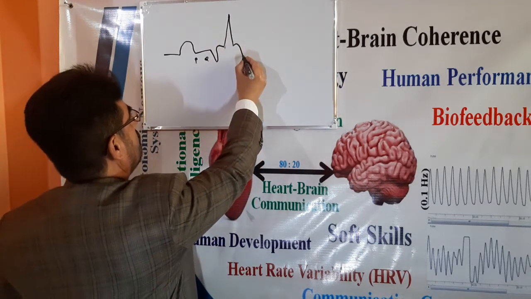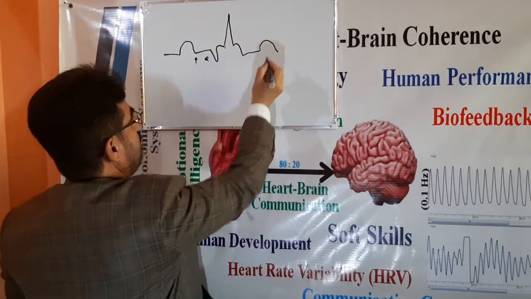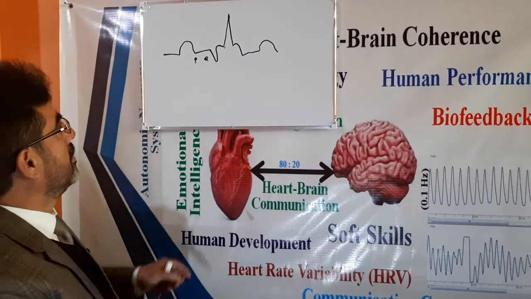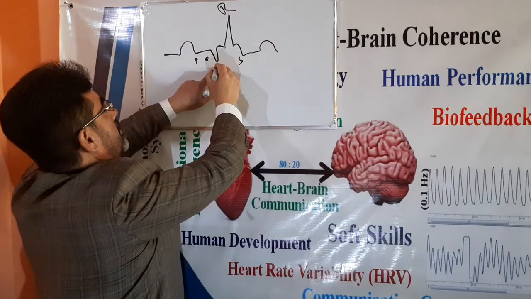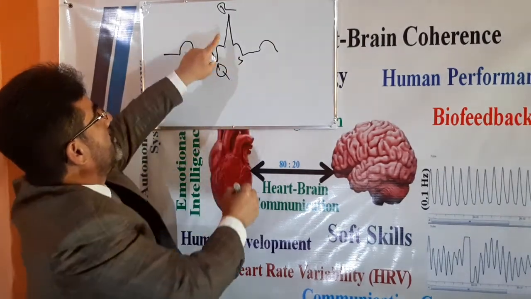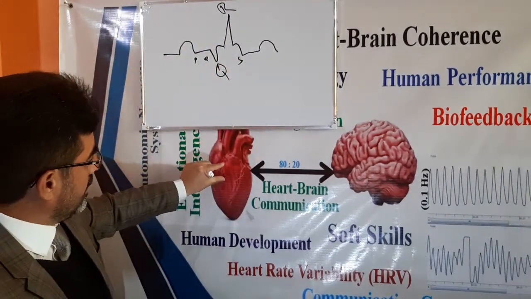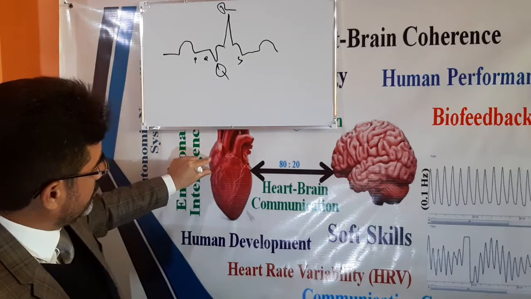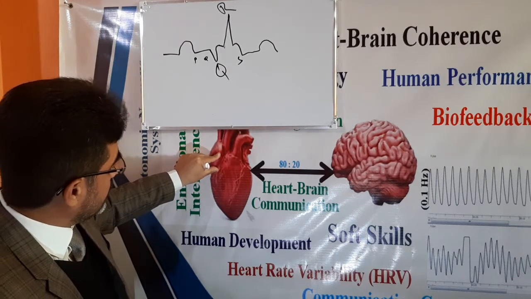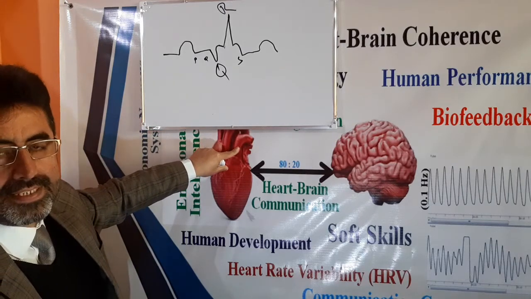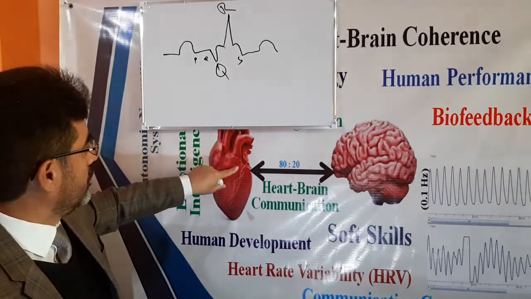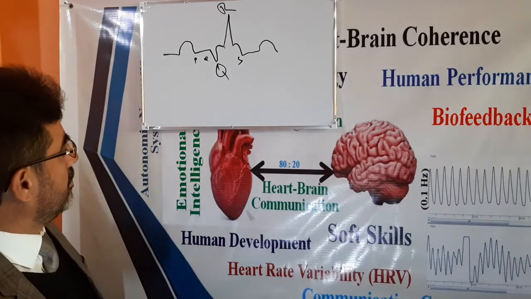Then it continues until the T wave. The S wave is the contraction of the second part of the ventricles, and also the transferring of blood through the semilunar valves, the aorta and pulmonary valves.